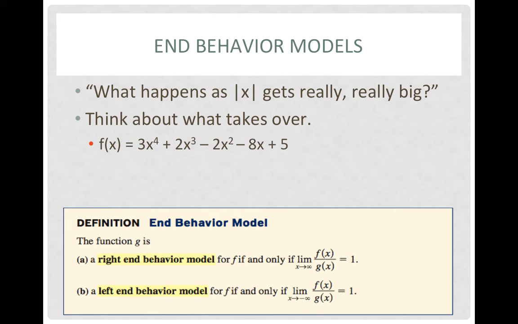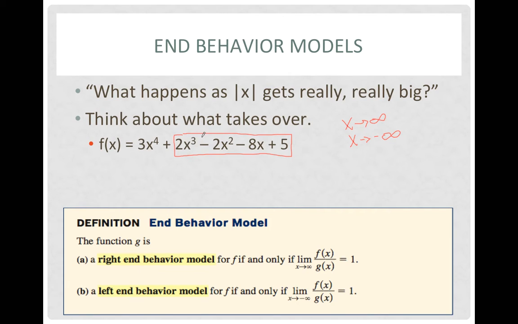And we look at something simple right here. If we look at 3x, this big quartic function, eventually, as x goes towards infinity or negative infinity in this case, these things here are growing really, really fast, right?